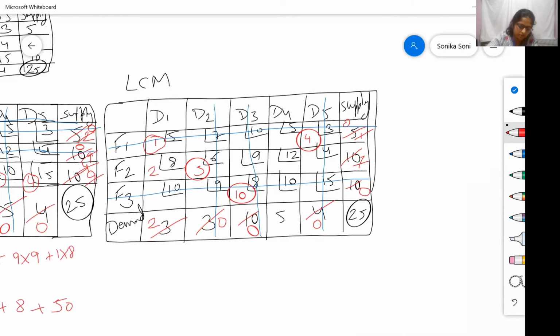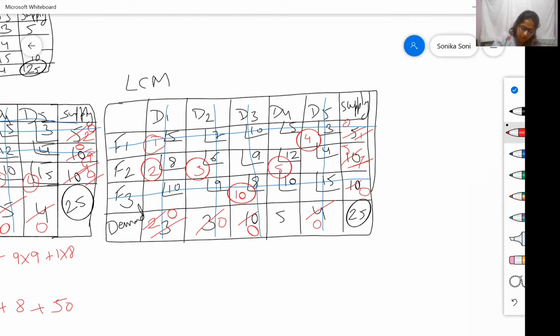So we will allocate 2 here, which means this 2 becomes 0, and here the supply becomes 5. So now we will cancel the D1 column out. Next, we have only 12 remaining, where supply is 5 and demand is also 5. So we'll allocate 5 there.